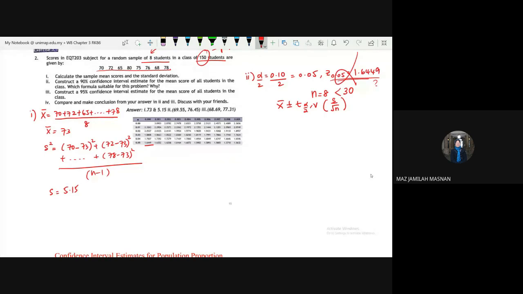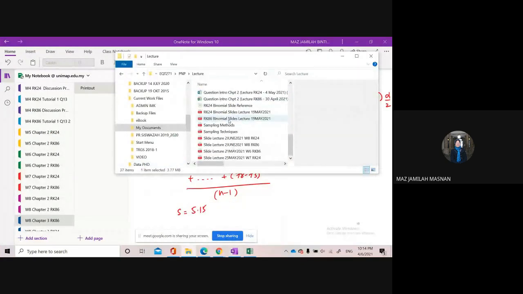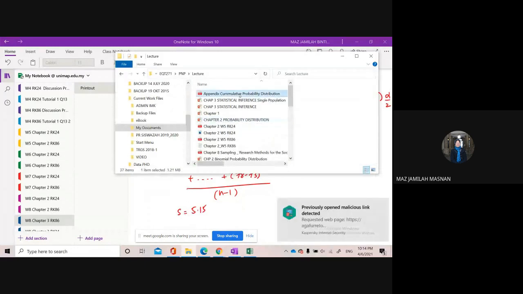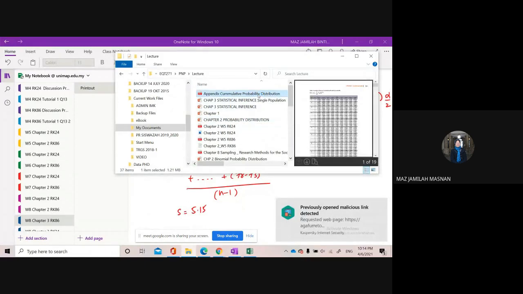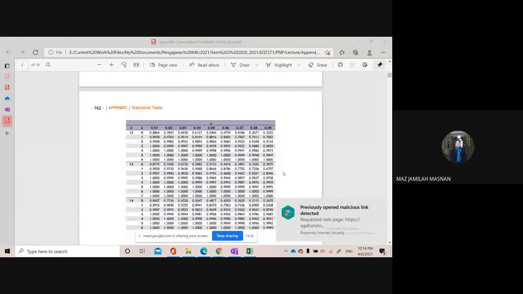So this previous table is no longer applicable. So x bar is 73 plus minus. If you look at your t alpha over 2, v, let's look at our t distribution.